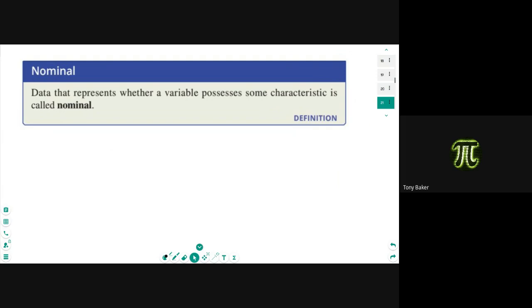This is where phone numbers, social security numbers, those types of things would all fall under nominal. Hair color, eye color, what size shoe you wear, those types of things would all fall under nominal too, because we can do something else with those. So nominal is things that possess some kind of characteristic. Okay.